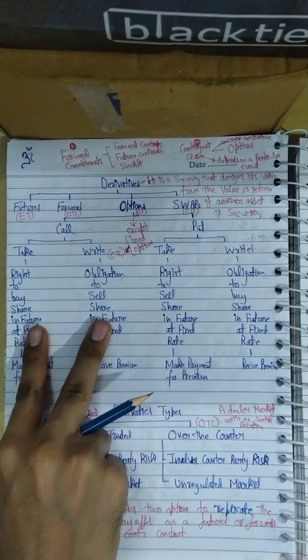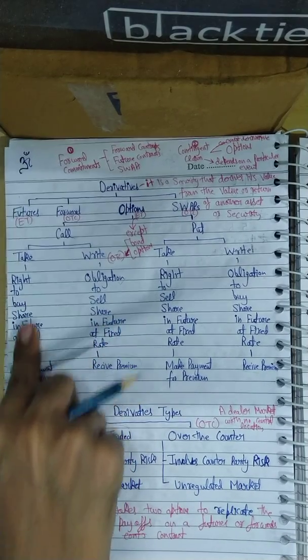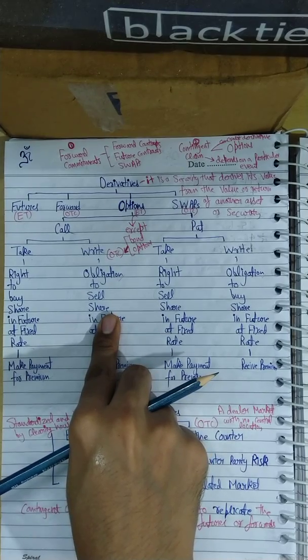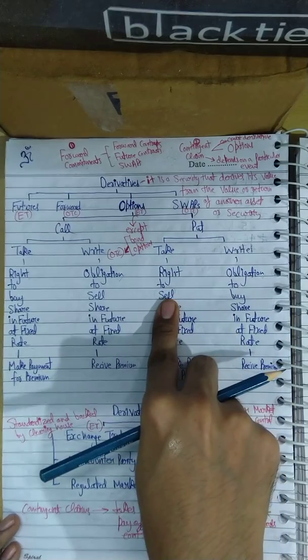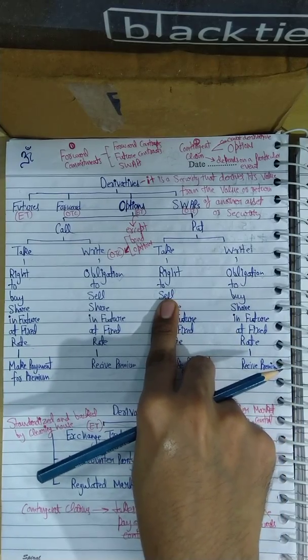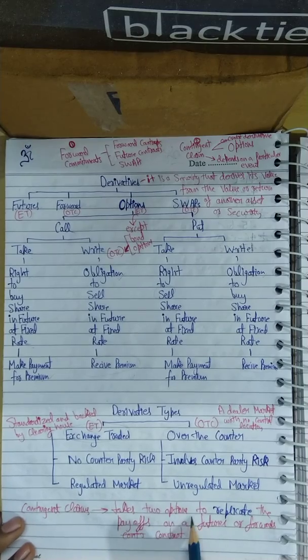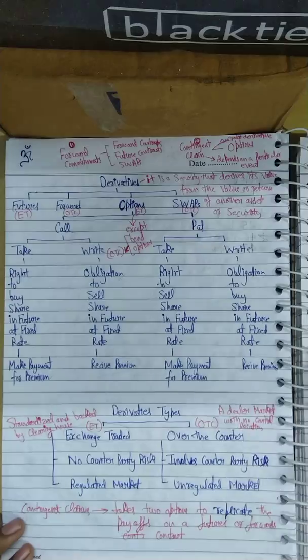There are two options. If someone takes the call, then obviously there's somebody who's writing the call. If someone is taking the put, then obviously there's some other person who's writing the put. So contingent claim takes two options to replicate the payoffs on a future or forward contract.